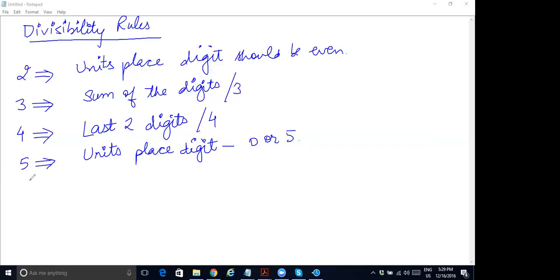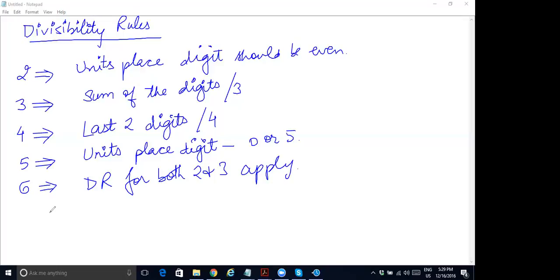For 6, obviously it has to be divisible by 2 and divisible by 3. Perfect. That's it. So the divisibility rules of both 2 and 3 apply.